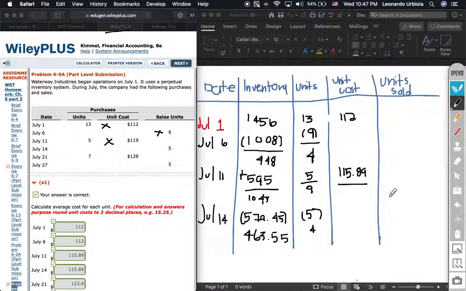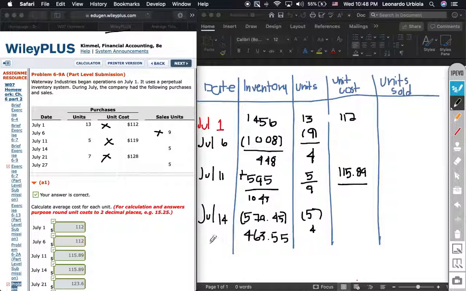Okay. Now we see that on July 21st we bought 7 more units. So we do the same. We multiply 7 times 128 because that was the unit cost.